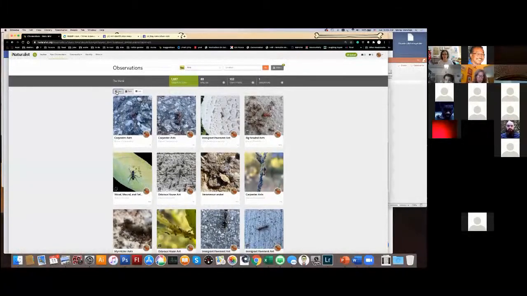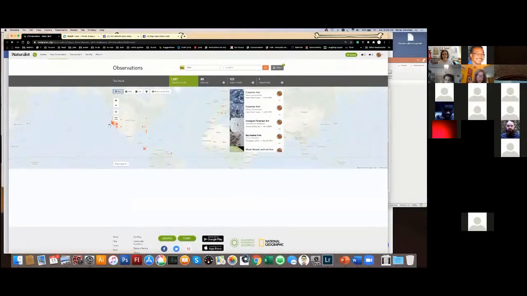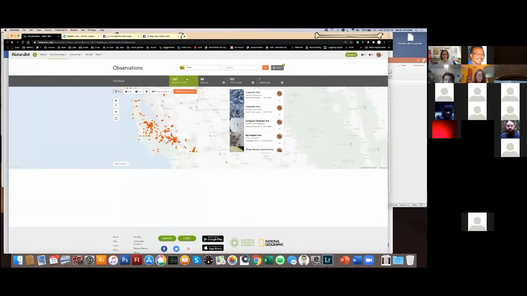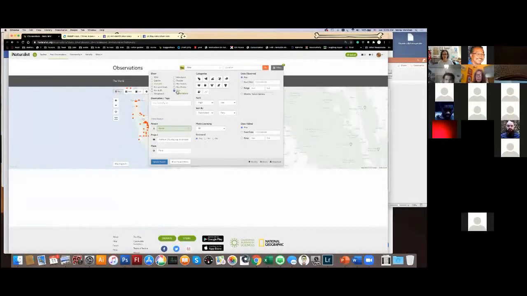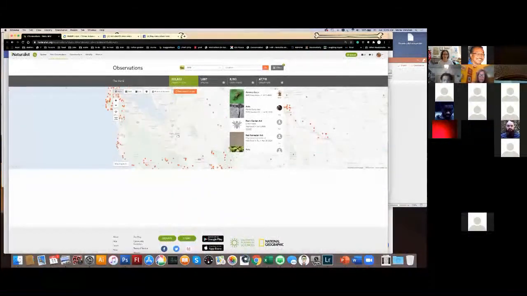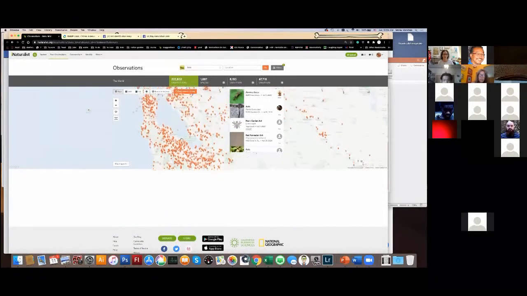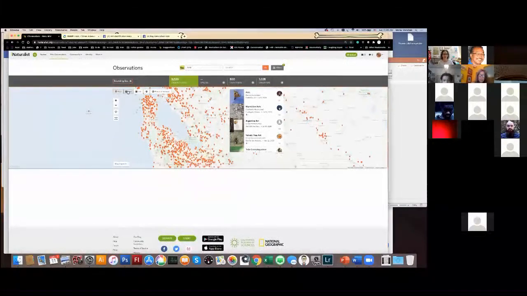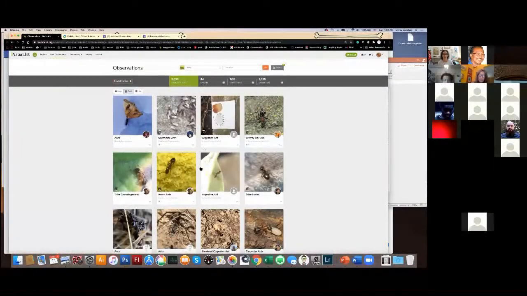You could go to a place, narrow it down, and then look for all the species of ants in the Bay Area. This is just my observations, so I could change it to everyone's. And I already searched just for ants, and I could search just in this map, and then look at all the different species.